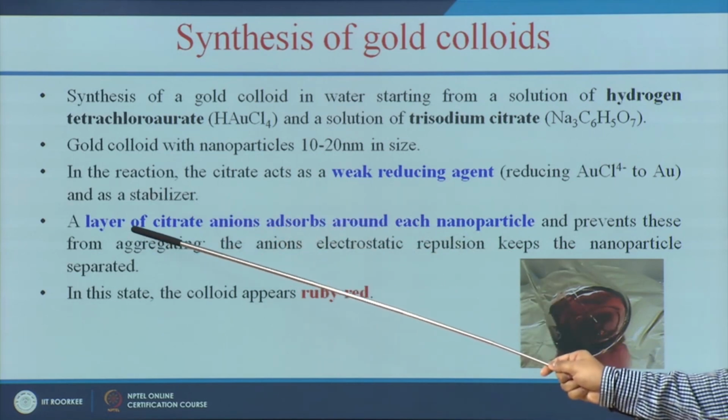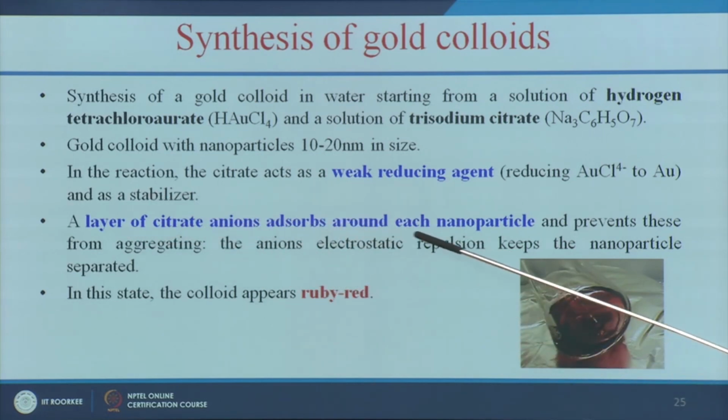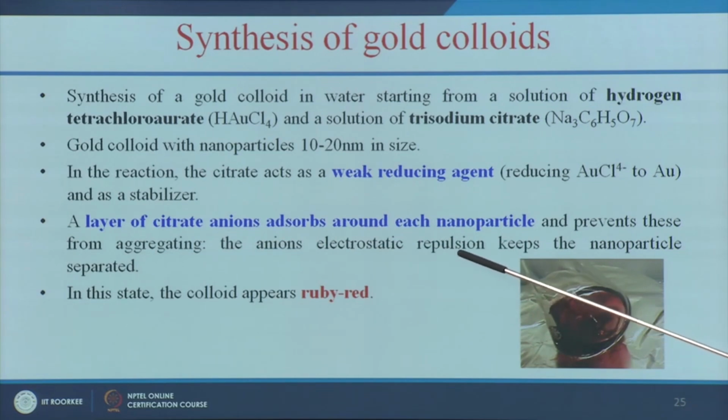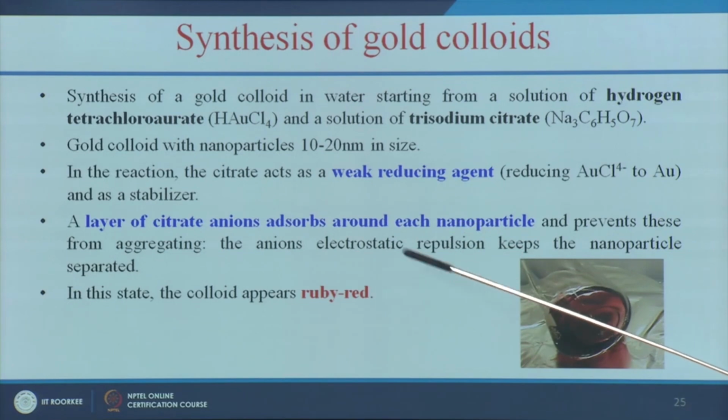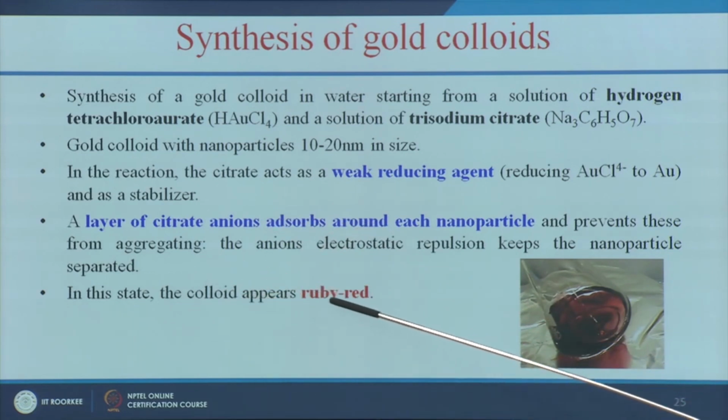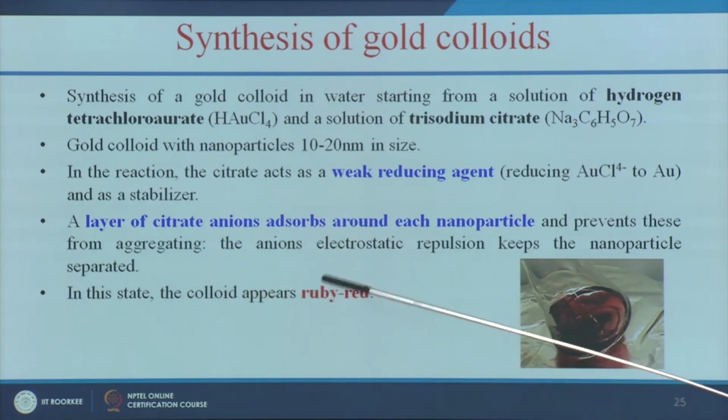A layer of citrate anions adsorbs around each nanoparticle and prevents aggregation, because the citrate ions give a uniform charge to the nanoparticles. By electrostatic repulsion they are separated. So the citrate acts as a reducing agent as well as a stabilizing agent. Finally you will get a ruby red color. When you get the ruby red color, you can confirm you got gold nanoparticles.